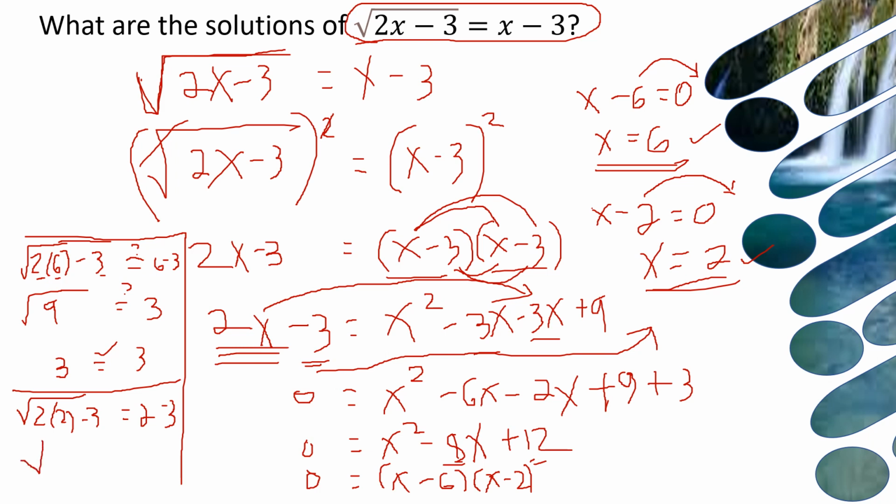We have 4 minus 3 here is 1 equals 2 minus 3, that's negative 1. But the square root of 1 is 1, while the negative 1 is on the other side. So they are not equal. Therefore, this 2 here is not the real solution or the real root, but it's called the extraneous root.